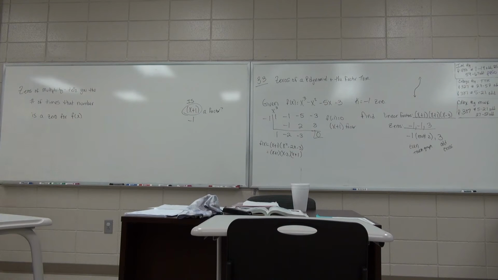So zeros of multiplicity lets you know that that number, like on that one, negative 1 is a 0 of multiplicity 2. Negative 1 makes that function a 0 twice. And we're going to have things with multiplicity 3, but most of the time it's 2.